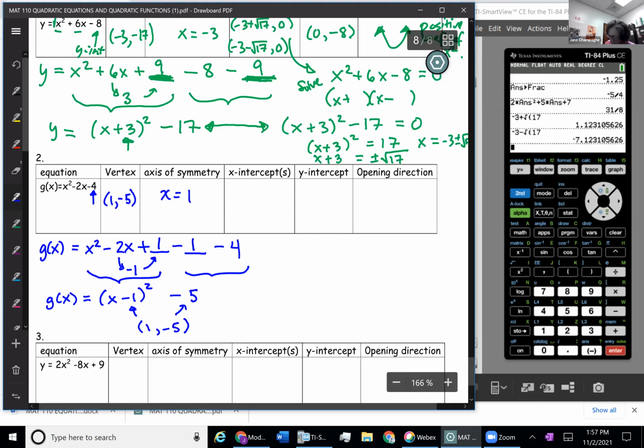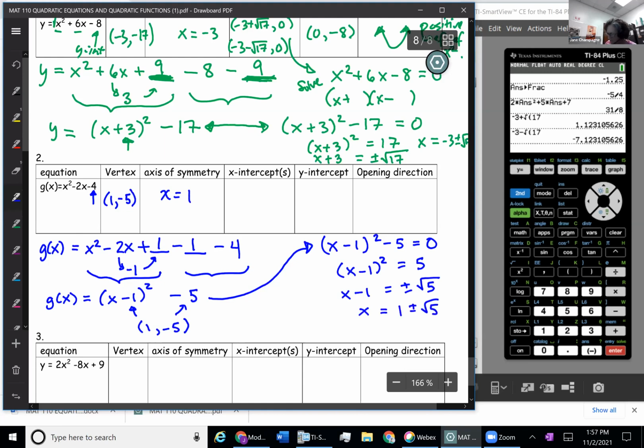Then the x-intercepts. Again, since we completed the square, we can set that equal to 0 and use the square root property because they're not rational. x minus 1 is plus or minus the square root of 5, so x is 1 plus or minus root 5. Because they're x-intercepts, there are 2 of them, one with the plus, one with the minus, and the y-coordinate is 0, because essentially we put in 0 for y.